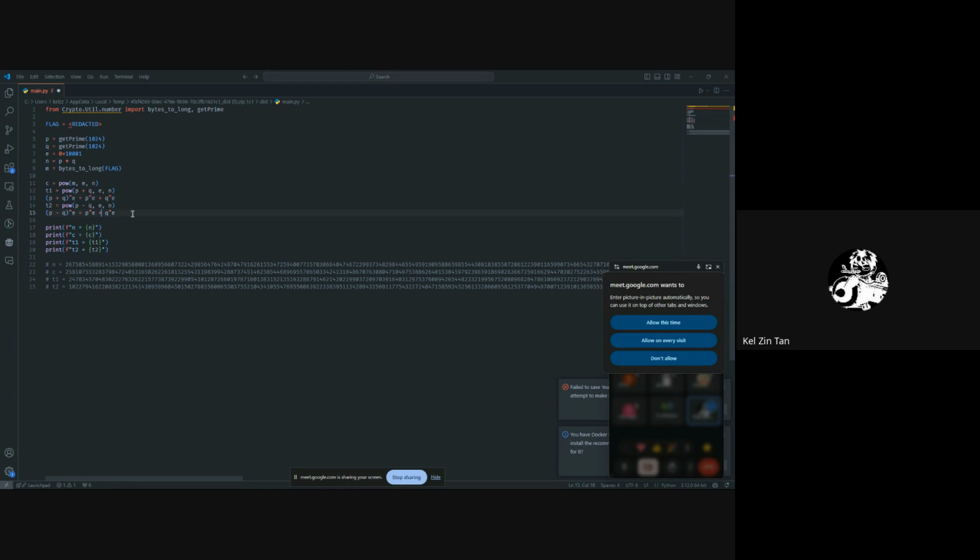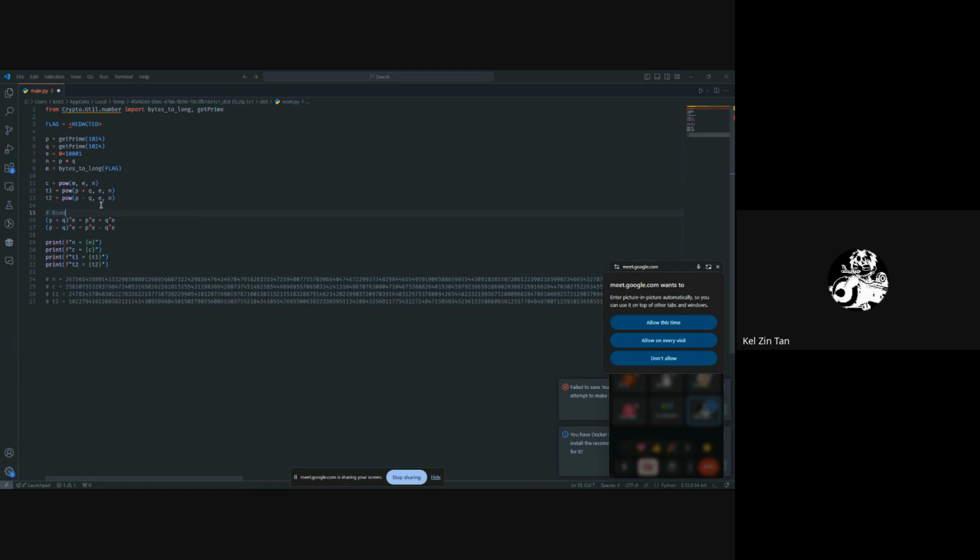You basically already have these two. Then you just add them together, then you get 2 P to the power of e. Then you can just use GCD with n to find back P. So the trick here is to do binomial expansion, and then all the middle terms cancel out.